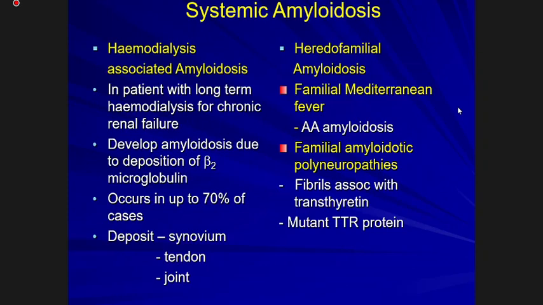It's slightly different from the systemic senile amyloidosis we mentioned earlier, which is also formed by the TTR protein, but that one is more of an accumulation of normal transthyretin protein, which later aggregates and becomes amyloid. In familial amyloidotic polyneuropathies, the transthyretin is deposited more in the nerve cells and peripheral nerves, hence it is called polyneuropathy. This is more of a mutant TTR protein, so it is slightly different.